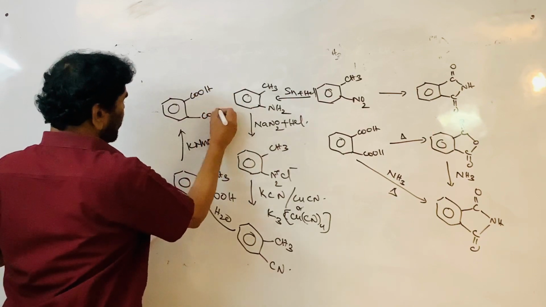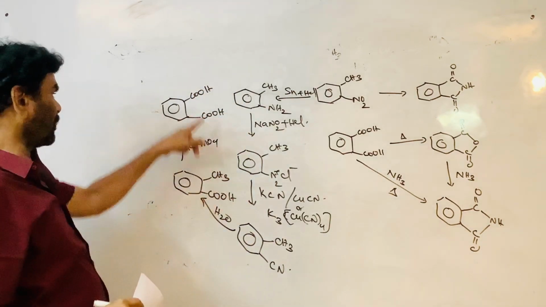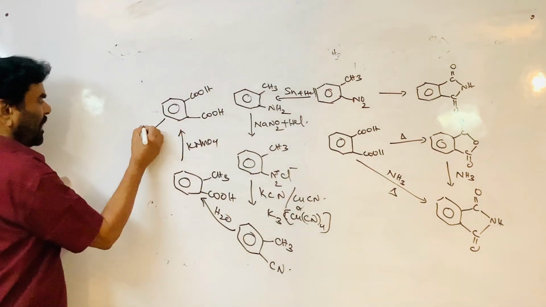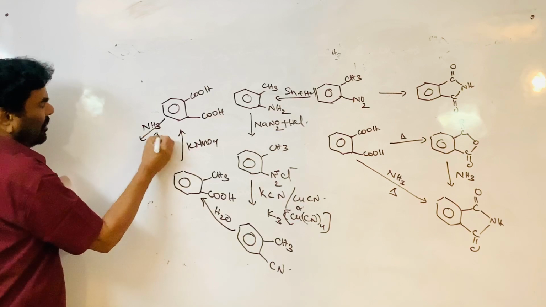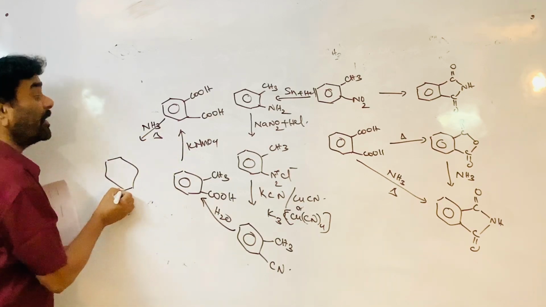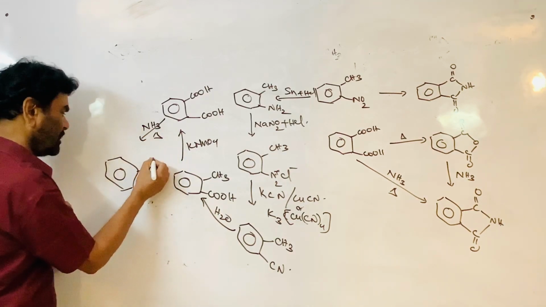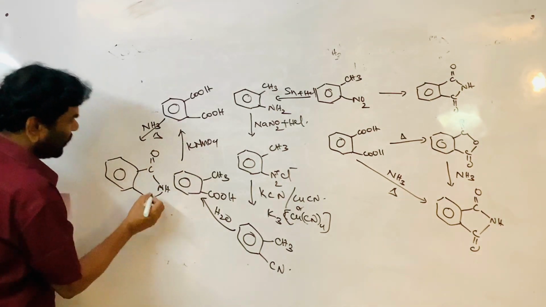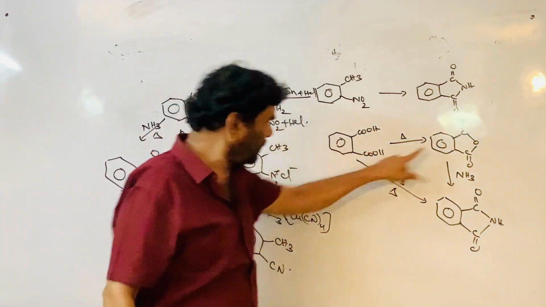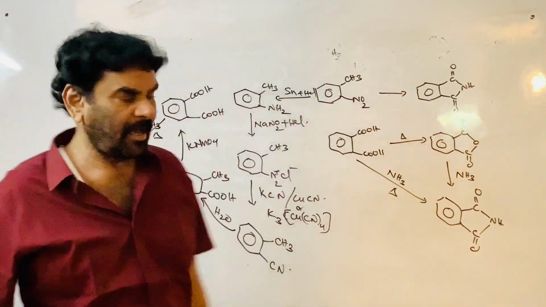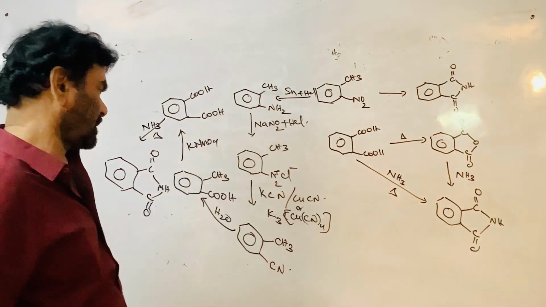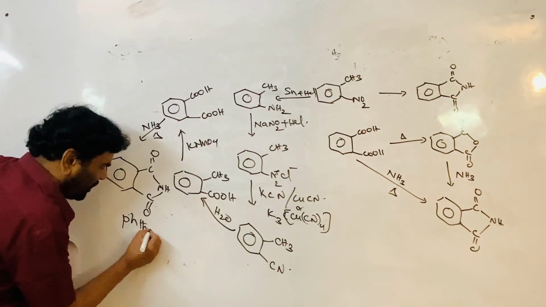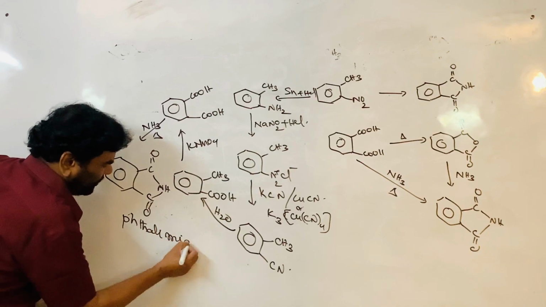So the alkyl groups connected to the benzene ring can be converted into this. Directly treat with ammonia, it gives the benzamide. There I have given the reactions. Or you can convert into the anhydride, and the anhydride on reaction with ammonia gives phthalimide.